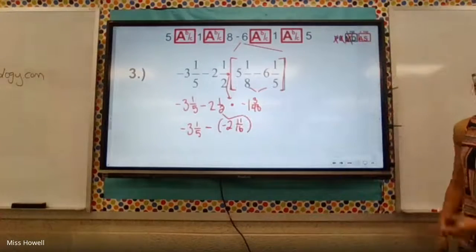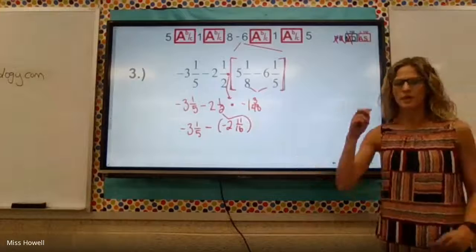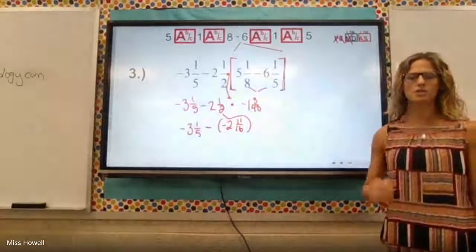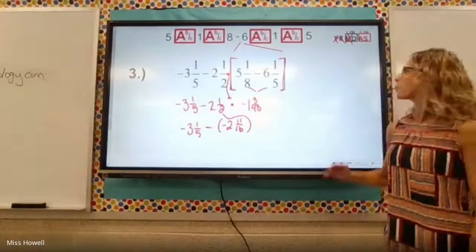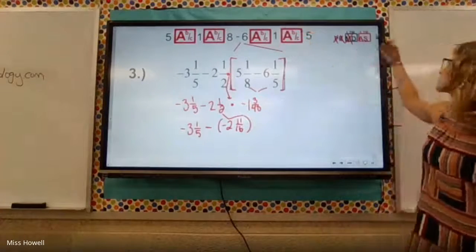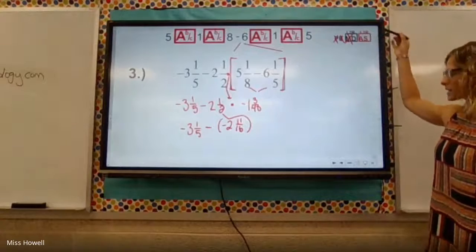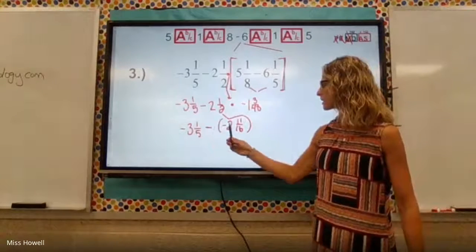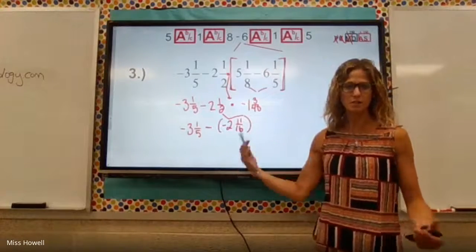All right, all we have left is a subtraction, so we're going to finish there. Some of you prefer to do keep, change, or make it add the opposite. When you get here and you're doing your add and subtract, don't do it way at the top. But when you get to all you have left is adding, subtracting, if you want to make this plus +2 and 11/16, you're free to.